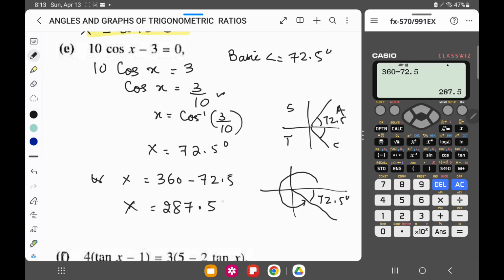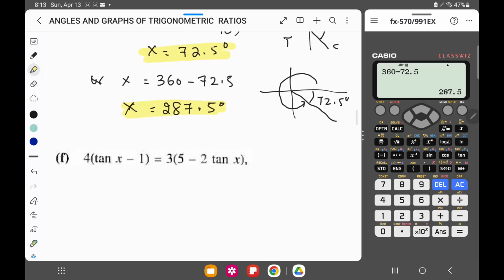So there are the two answers. Your cos is positive, the first quadrant angle is 72.5 degrees, and your fourth quadrant angle is 287.5 degrees.